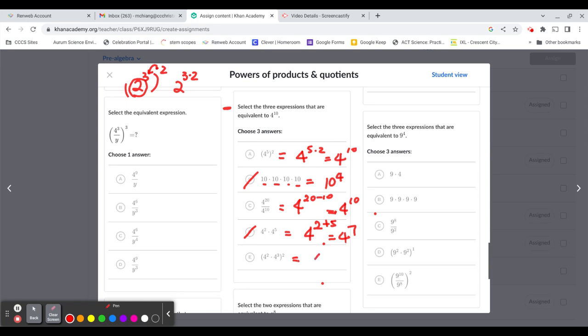You have the same base, you just add the powers up. 2 plus 3, to the power 2. Inside is 4 to the power 5 and 2. It's the same as question number 1, choice A. So 4 to the power 10. So A, C, E are the answers.